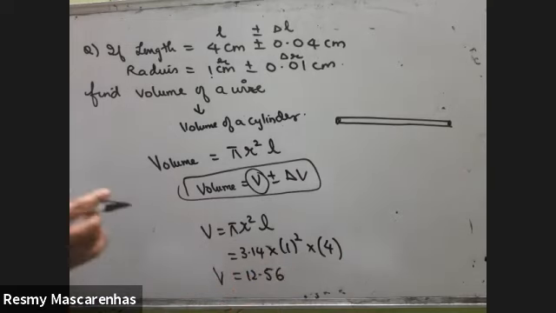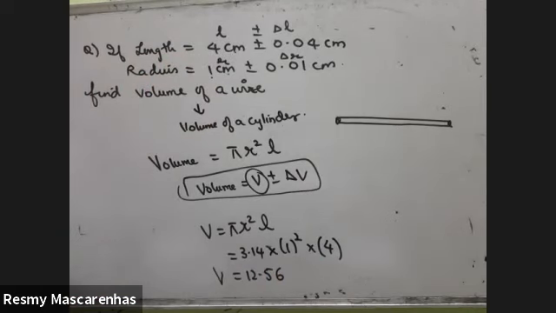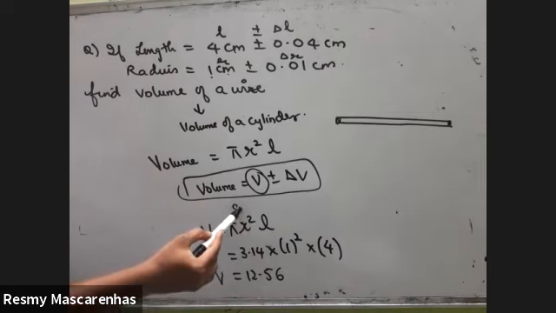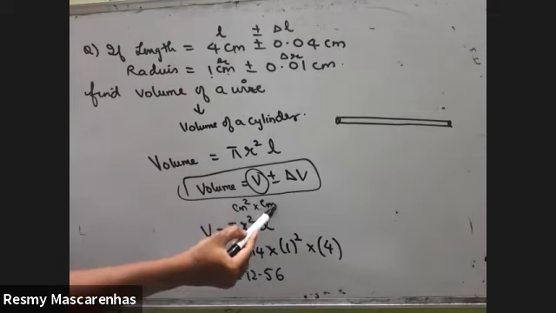12.56. Now since they have given us the units specifically, we have to make a habit of writing the units also. So volume will be centimeter square because R is in centimeter, and this is again centimeter.